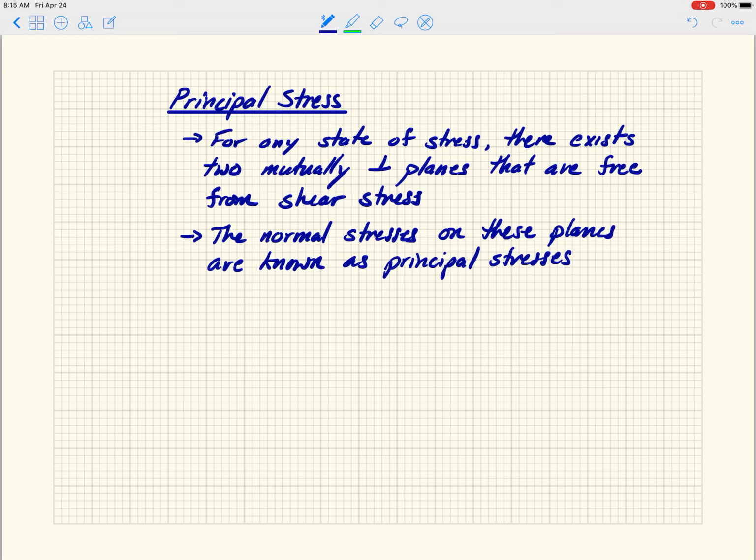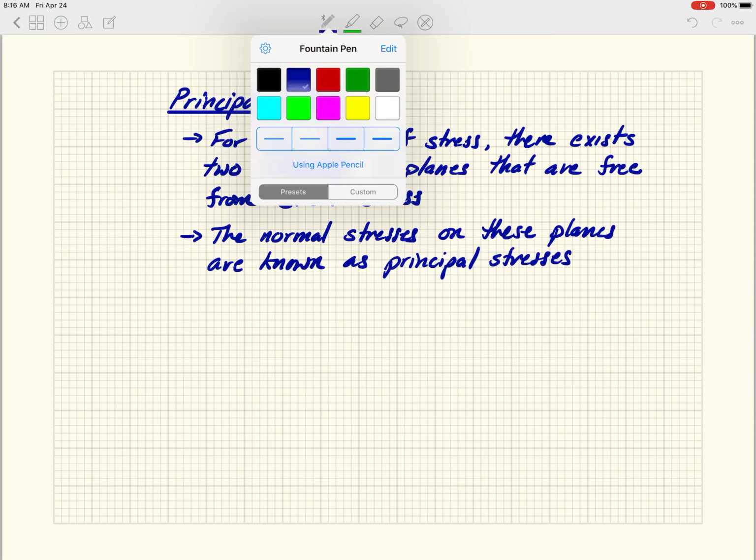The normal stresses on those planes are known as the principal stresses. So if I give you a state of stress and there is no shear, those are principal stresses by definition.